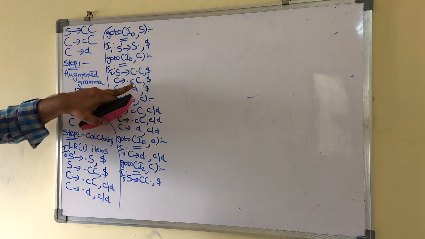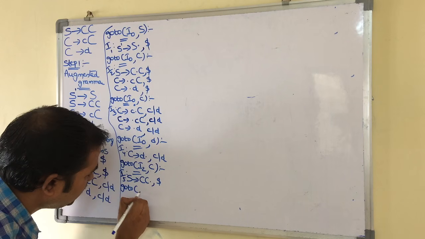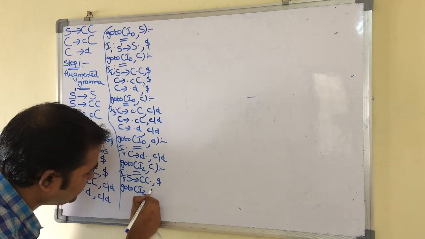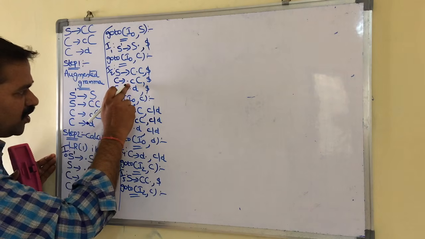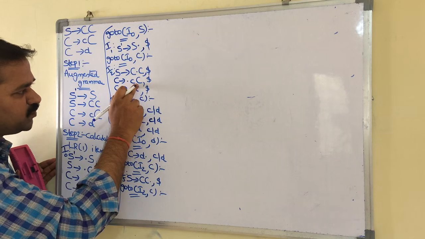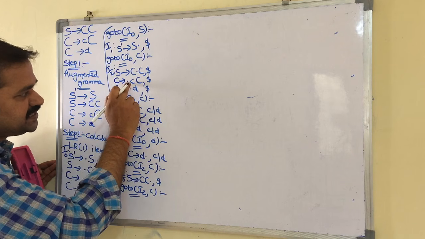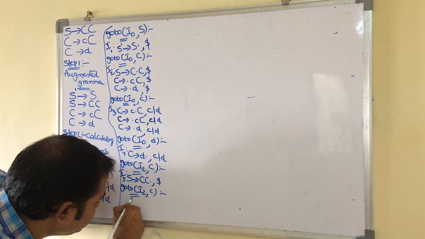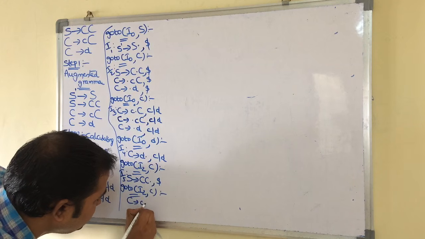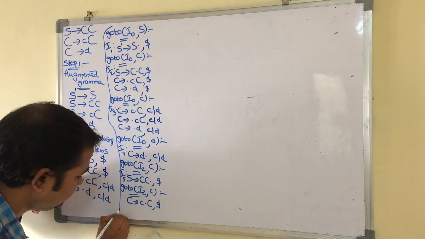So next one, apply small c on I2. So goto of I2 comma small c. Whenever we apply goto, dot will be moved one position to the right. So this production will become C produces small c dot capital C, and we write the look ahead part dollar as it is.